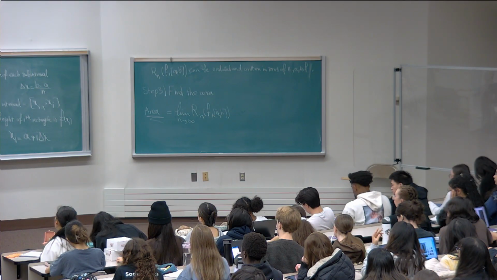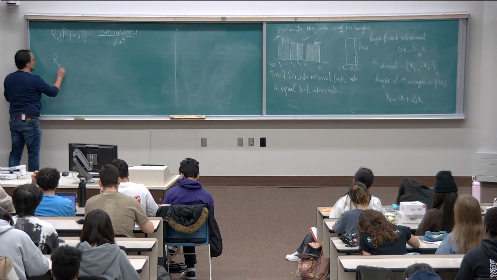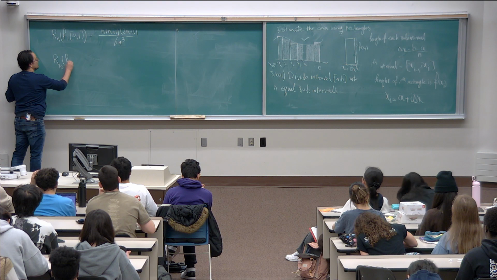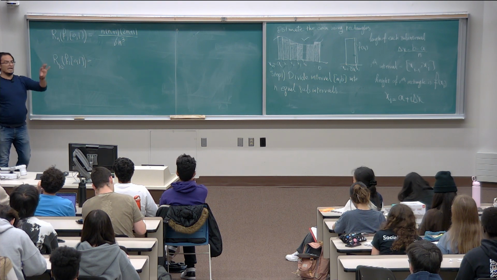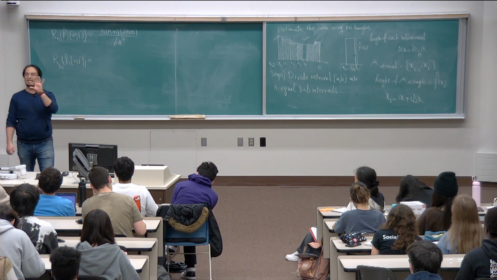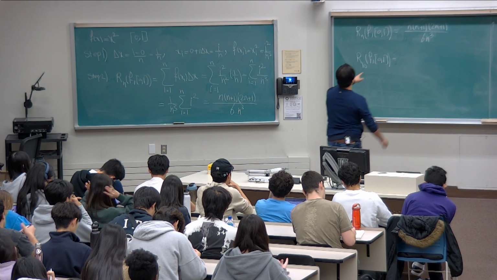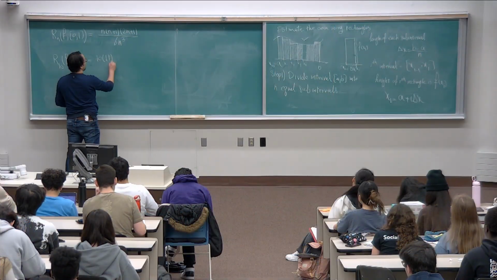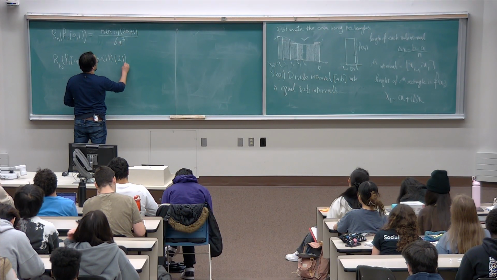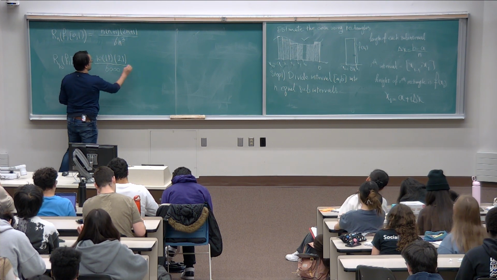For example, someone can come and say, what if I divide the interval 0, 1 into 10 pieces? What would be that estimation that you were talking about? Then it will be 10 times 10 plus 1 times 20 plus 1 over 6 times 1,000. It's a number.